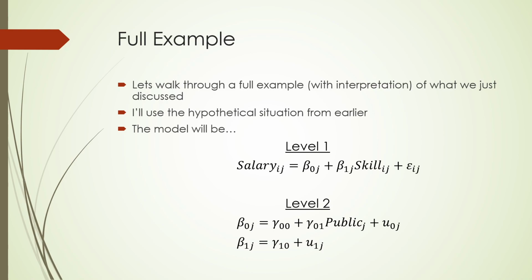The extra subscript j on here lets me know that there's a second level of information that I'm accounting for, and in our case, that's the company level information demonstrated in level 2.